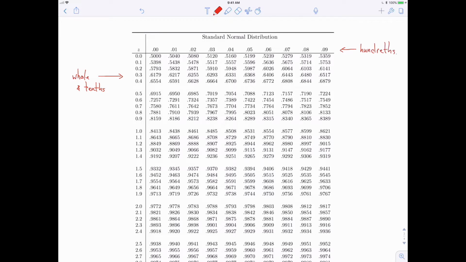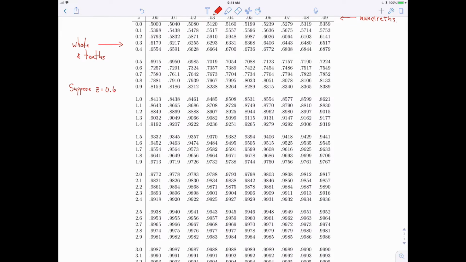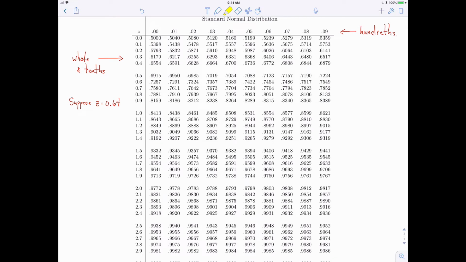So for example, suppose z is 0.64. How would I look that up? What I would do is come down this vertical column till I come to 0.6.